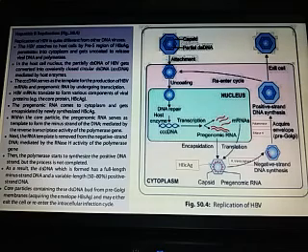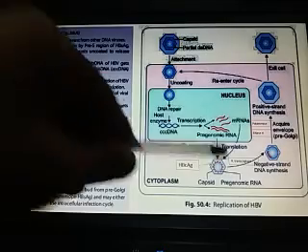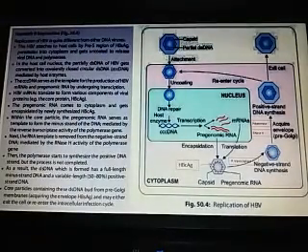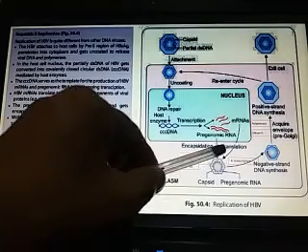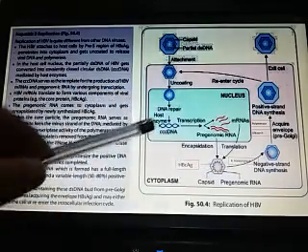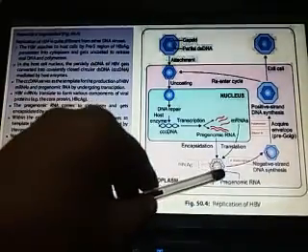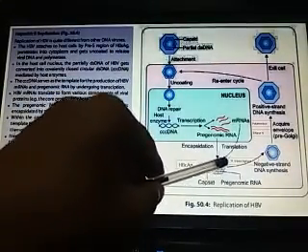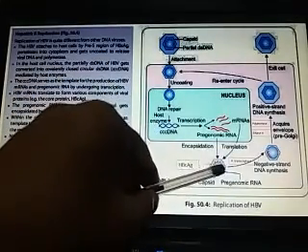So definitely there must be some mechanism that forms DNA from the pre-genomic RNA. How does this occur? Here is the RNA, and the virus has to prepare the DNA.